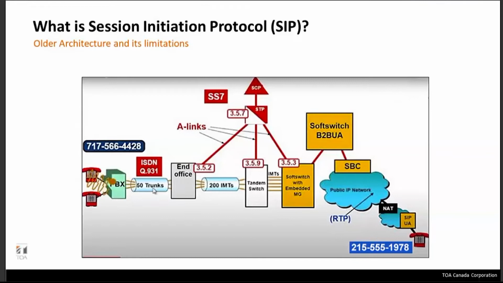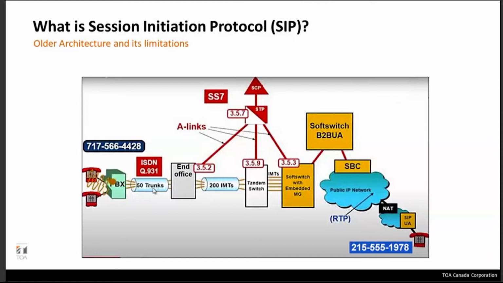If you are increasing any line, it is fixed, so you have to physically initiate and put in the physical lines. This is very challenging and costs a lot of money to implement the real circuit. This is the limitation of this kind of architecture. SS7 and ISDN cause a big burden on our pocket.